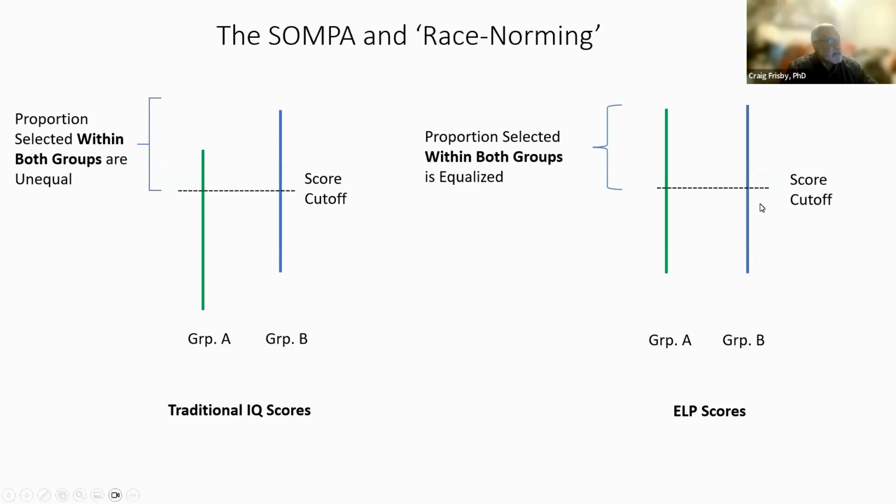And you see the outcome. If you have a set score cutoff for making a decision, then both groups have the same proportion of people that would achieve scores either above or below that cutoff.